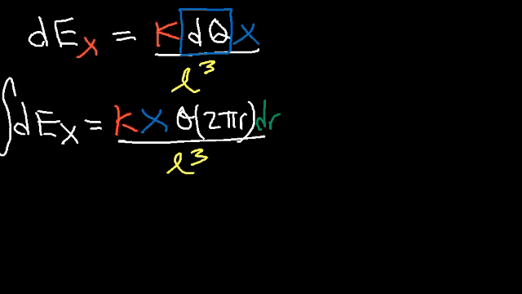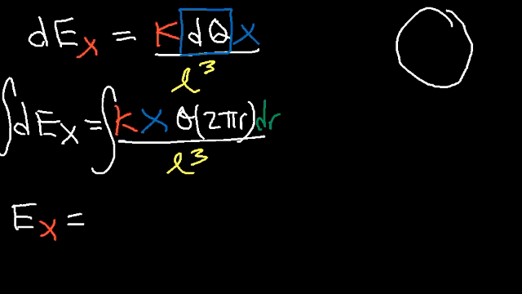So if we integrate both sides, the integral of dEx is simply equal to Ex. Now all of the constants we're going to move to the front. And for the circle that we have, we're going to integrate from the center to the outer edge of the large circle. So that's from 0 to r.